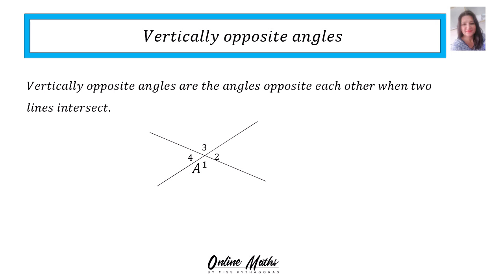When you go to the sketch, you will find the vertically opposite angles are angle A1 and angle A3, and there's another pair, A2 and A4. They are called vertically opposite angles.